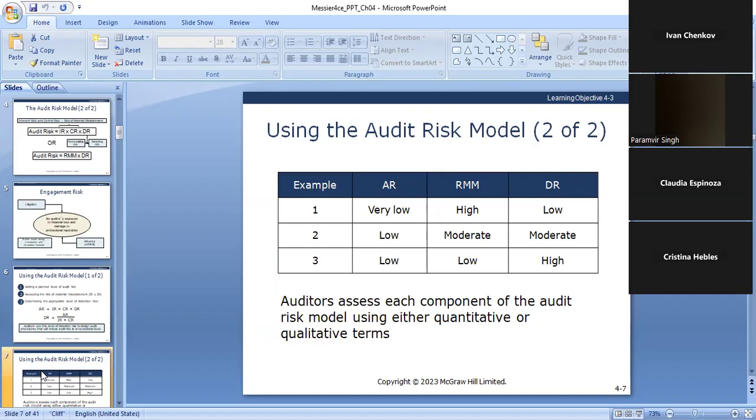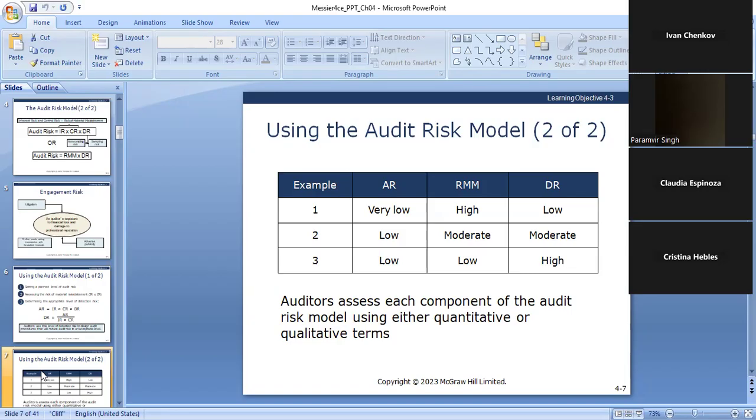Now, the last scenario is if we want the audit risk to be at a low level. We already assessed the inherent risk and control risk, and they're at a low level. If those are low, then on the detection risk, we don't have to spend that much time. So the detection risk can be high. We're not saying that there are some misstatements.